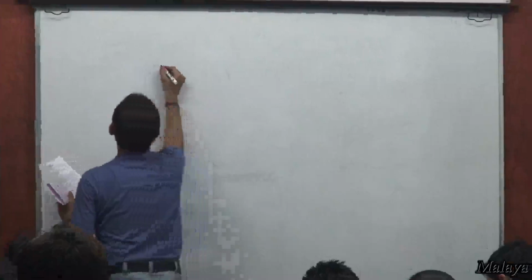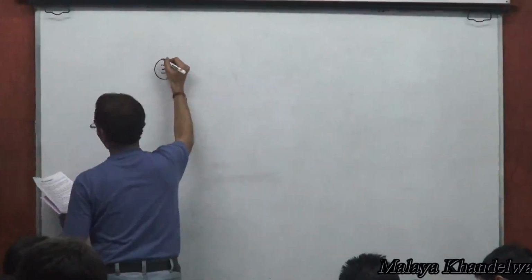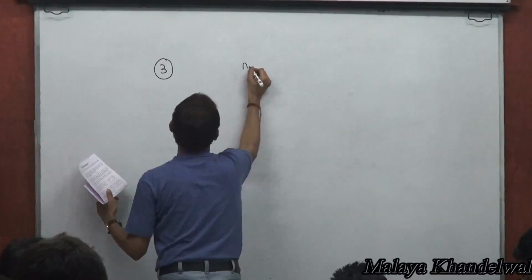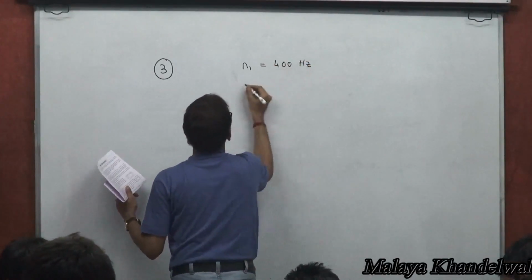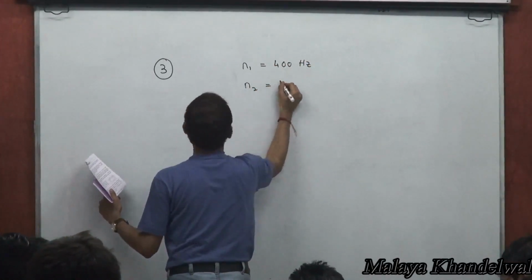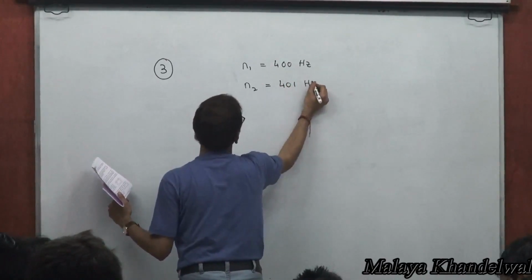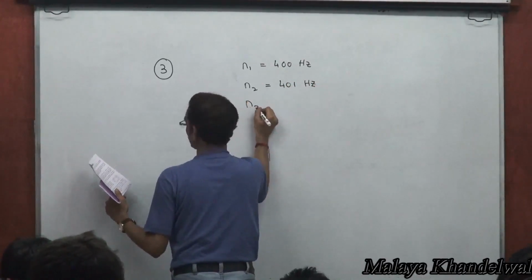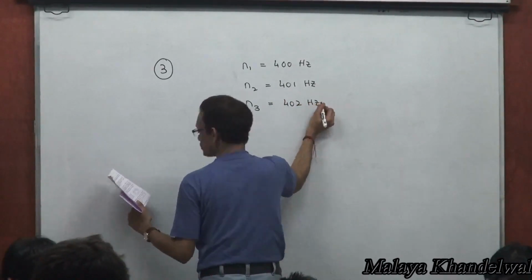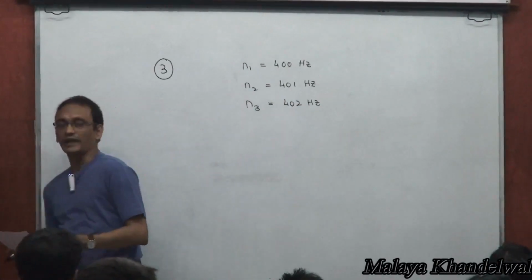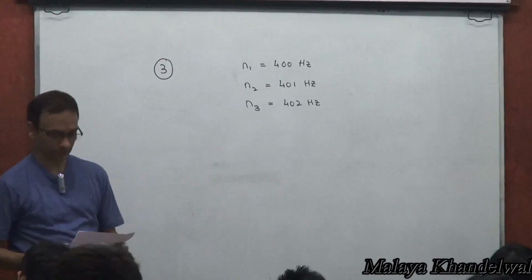Three plane sources of wave of frequency n1 equal to 400 Hertz, n2 equal to 401 Hertz, n3 equal to 402 Hertz are sounded together, and they have an amplitude A each.